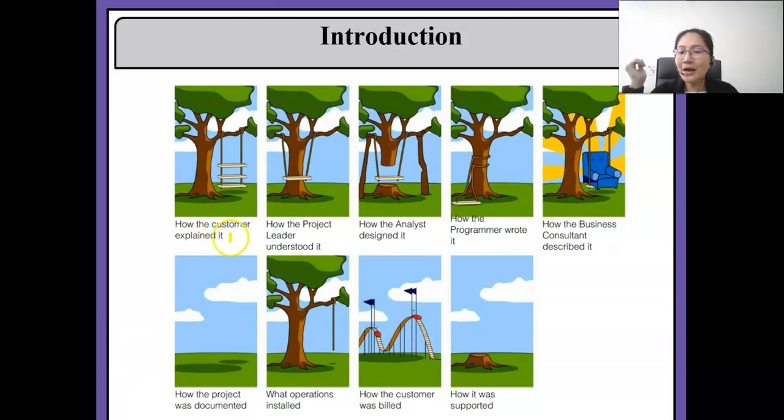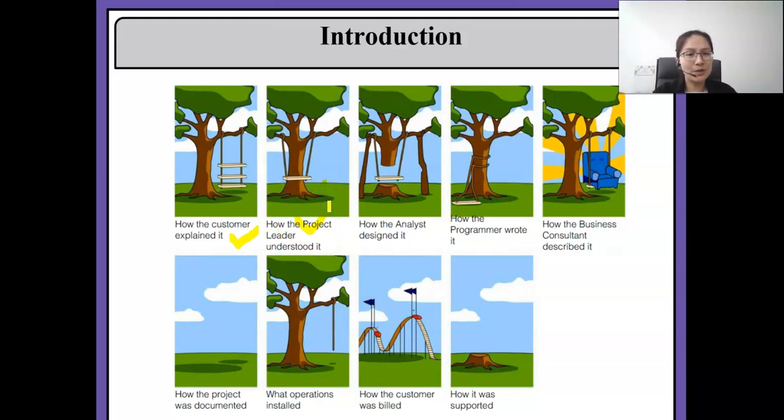Okay, how does the customer explain to you? She needs a seesaw, she needs a string like that. So the customer says, I need something like this. You listen to the customer and think, oh, the customer needs something like this.